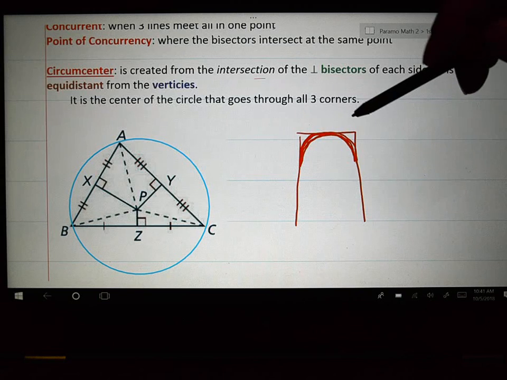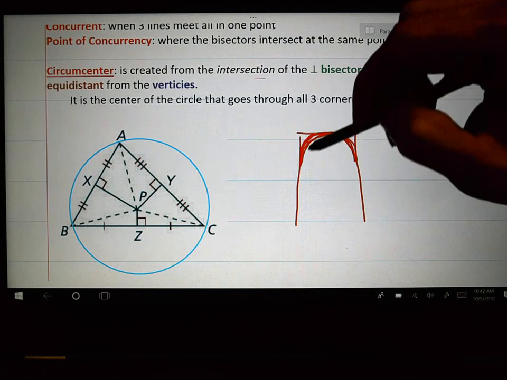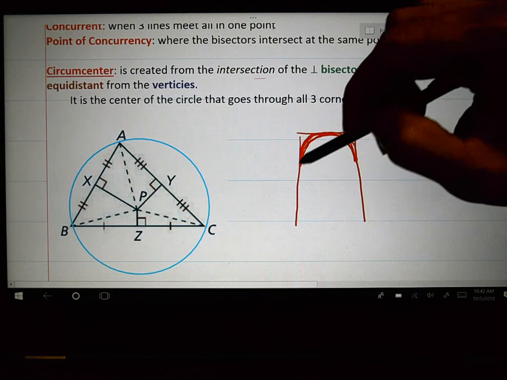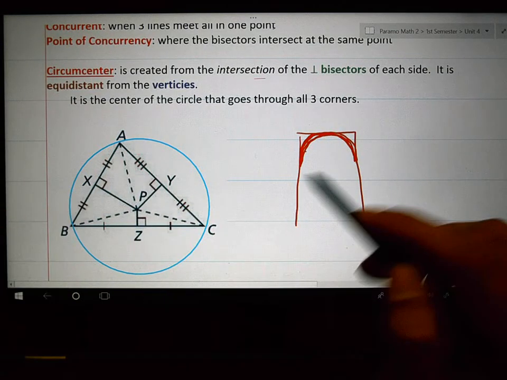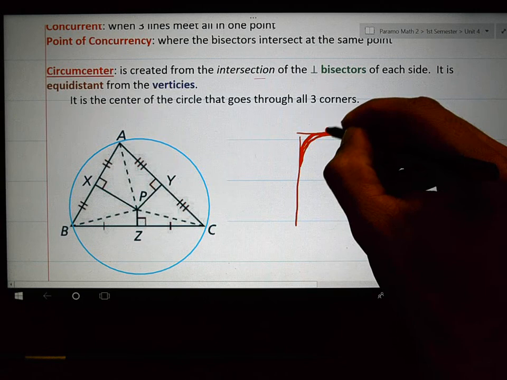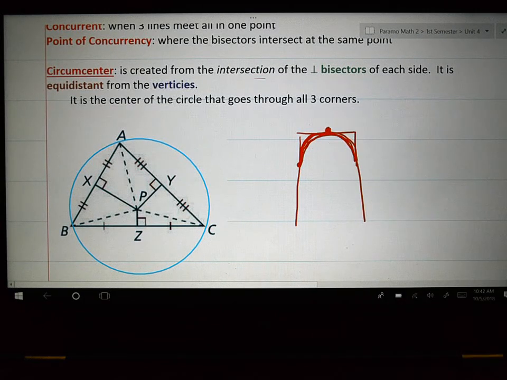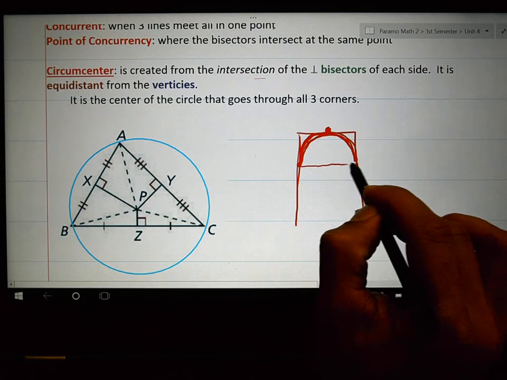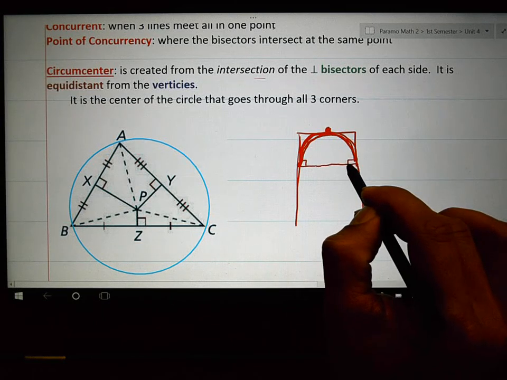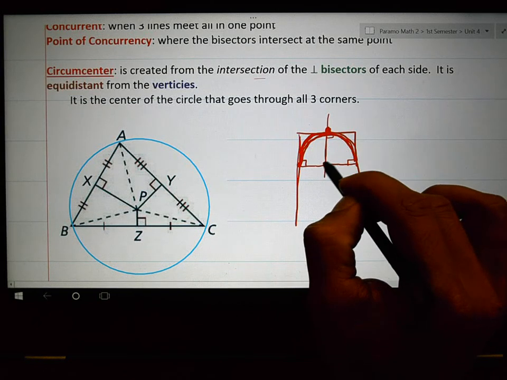But if you've ever wondered how you would make a perfect circle, a perfect arch, you could use this. A good carpenter will know that there's this point, this point, and this point, and those three things need to be the same. They need the perpendicular bisector of this piece, and this piece, and this piece, and guess what?